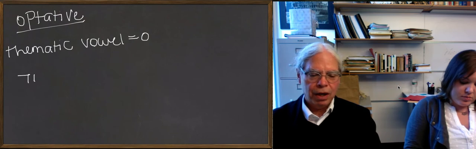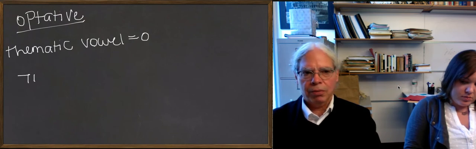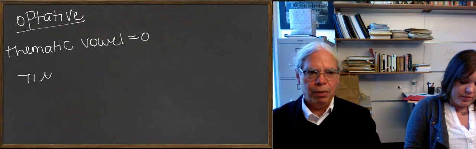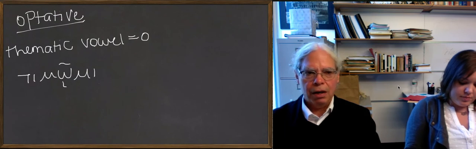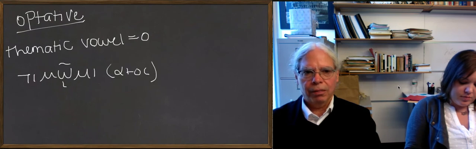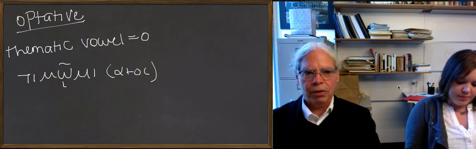What happens is the iota becomes an iota subscript, timo with an omega and an iota subscript, and you have a circumflex over the omega because you contracted alpha with omicron-iota. So you get the long alpha as a result, and the iota becomes an iota subscript, just like alpha plus epsilon-iota gives you a long alpha plus an iota subscript.